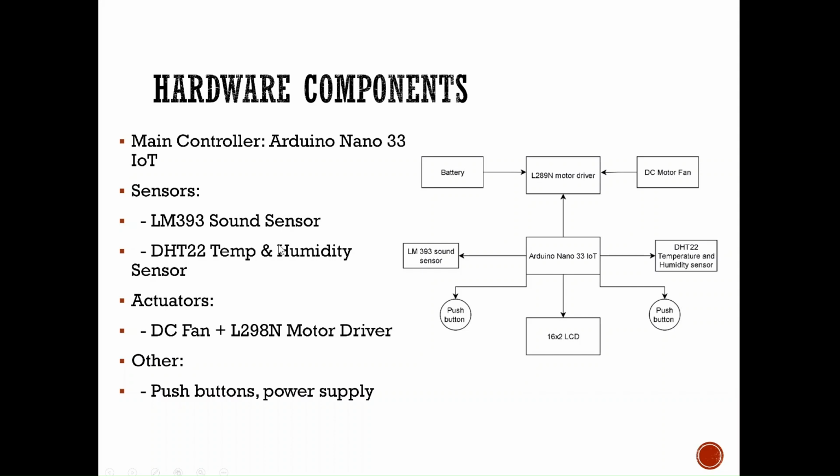So when the temperature exceeds a threshold, a DC motor fan is automatically activated through the L298N motor driver, simulating an auto climate control mechanism. And push buttons are also provided for the manual override, which shows the user interaction as well.